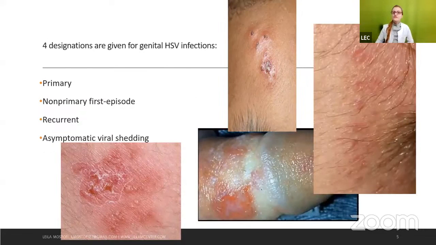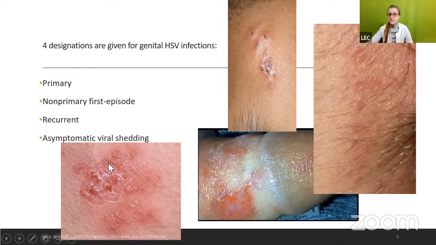So we have four designations given for genital HSV infection. One is primary, as you see. We have non-primary first episode. We have recurrent and asymptomatic viral shedding. In primary, as you see, maybe you will see a face like this, and sometimes with blisters.